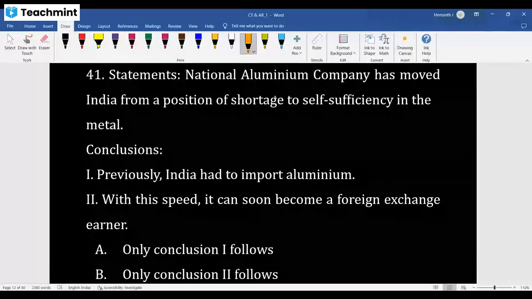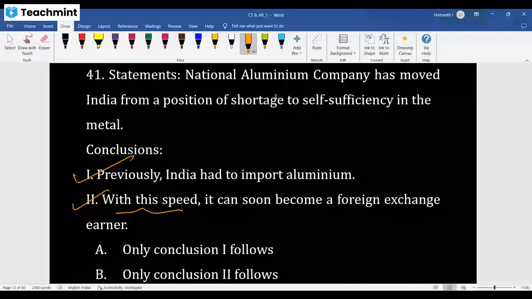Previously we were importing aluminum because of shortage, now it is self-sufficient. If the speed is maintained, it can soon become a foreign exchange earner. Yes, if the same speed is maintained from shortage to self-sufficiency, then we can export also, right? With this speed, we can go for export also.